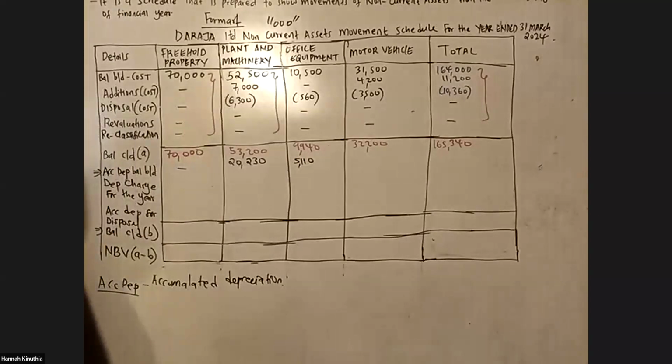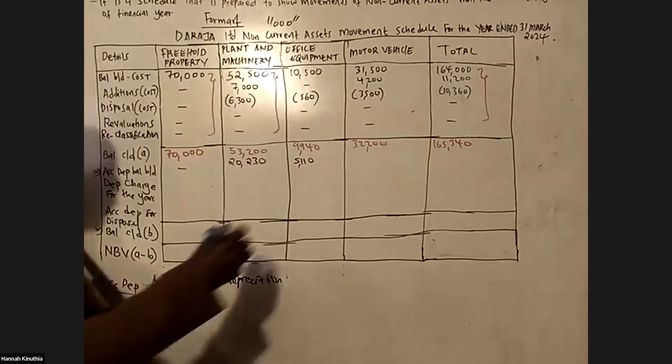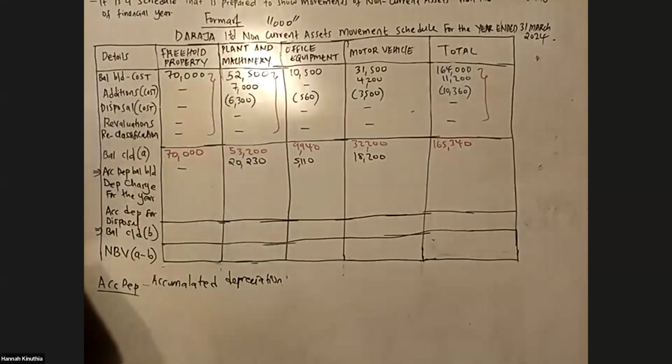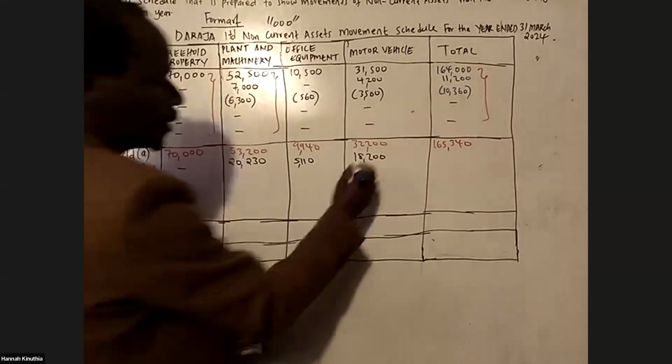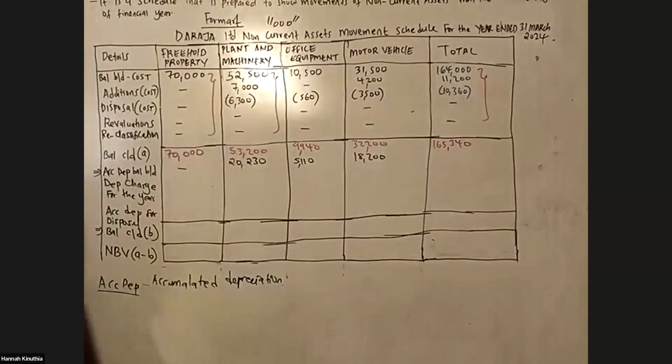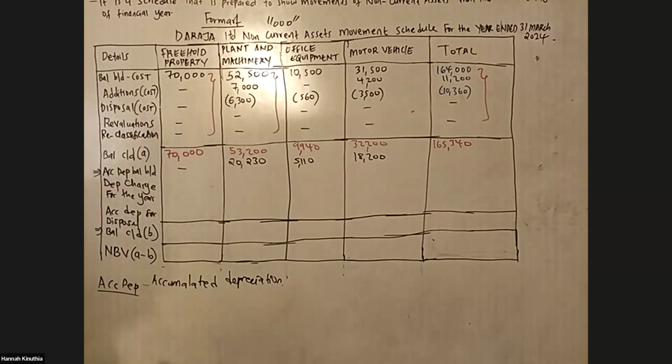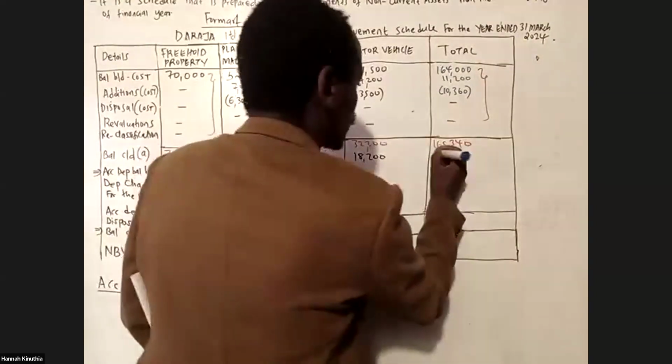Is that correct? Then motor vehicle 18,200 from the question. Add the total. Nakuja ngapi? 33,320.